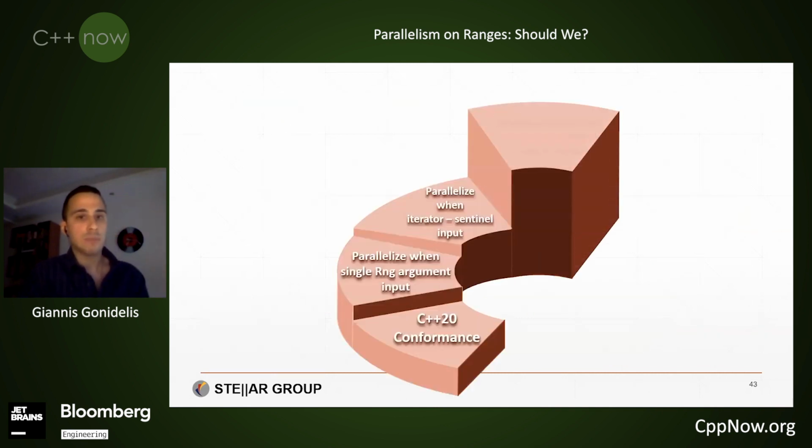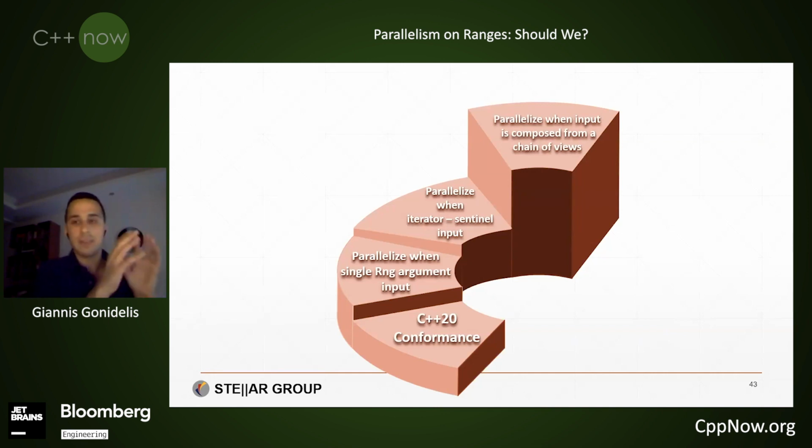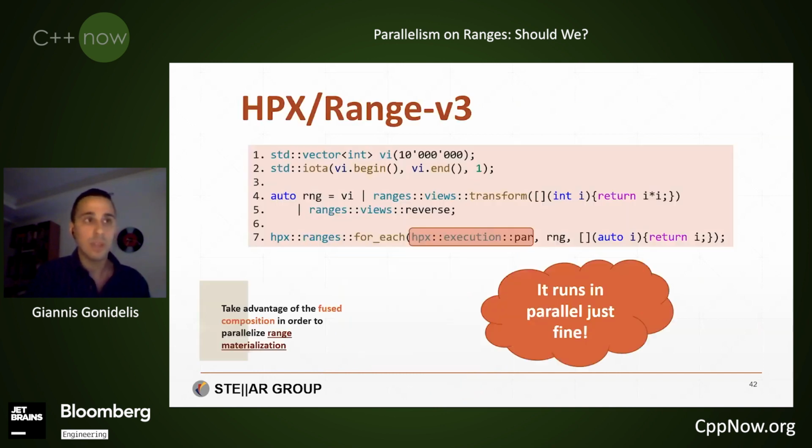So with HPX on top of range v3, not only can you parallelize your everyday usual ranges, which could be either a vector or iterator sentinel or whatever, but you could actually take those composed sequences and run them in parallel. And I want to be explicit on that. This thing, at the moment we're speaking, can actually run on your computer. You can just download range v3 and download HPX, compile them together, and the script that I showed previously works. And that's important.